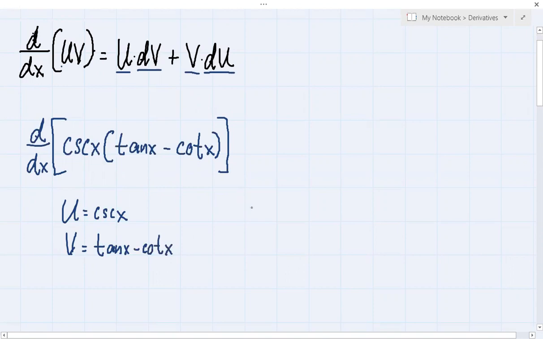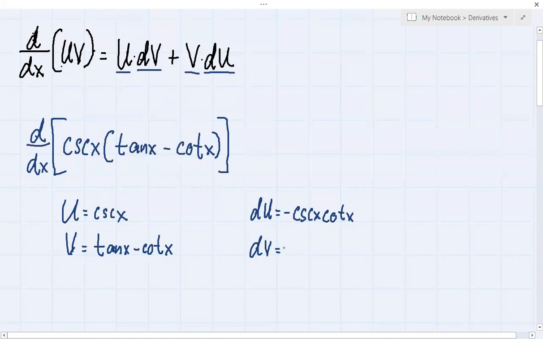Now let's get the derivative of the two. Kunin natin yung derivative ng U or derivative ng cosecant x. So ang derivative ng cosecant x, if you recall, ay negative cosecant x times cotangent x. Next, kunin natin yung derivative ng V or derivative ng tangent x minus cotangent x. So let's start first with the tangent x.